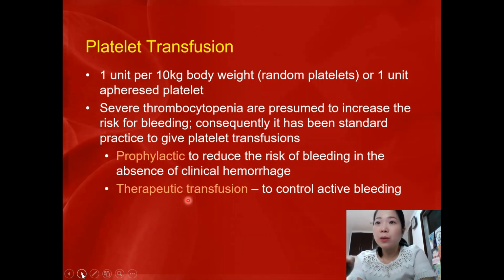So when you say therapeutic, you're already presented with a thrombocytopenic and bleeding patient. So you give the platelets therapeutically in order to control the active bleeding. What about prophylactic transfusion? Prophylactic transfusion is given to a patient who is thrombocytopenic in the absence of clinical hemorrhage or clinical bleeding, so that you will reduce the risk of bleeding in these patients.